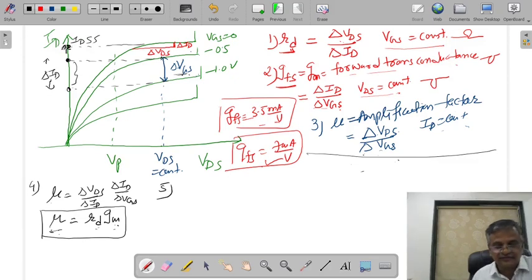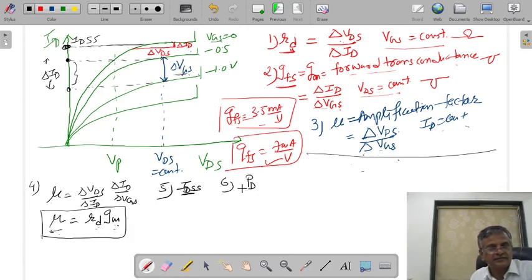From the graph you find when VGS is 0, how much maximum current is flowing. It is the saturated drain current in a field effect transistor when VGS is kept 0. It is called IDSS.